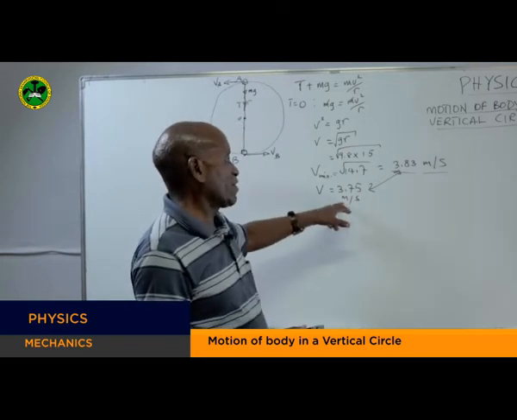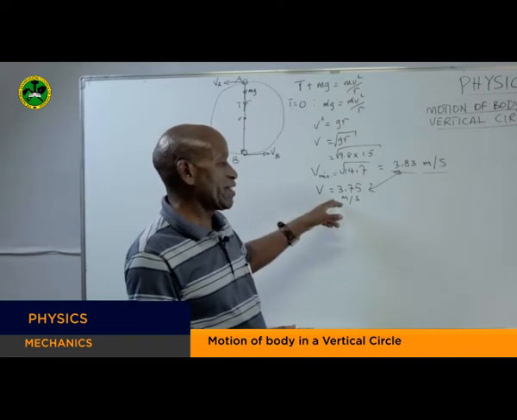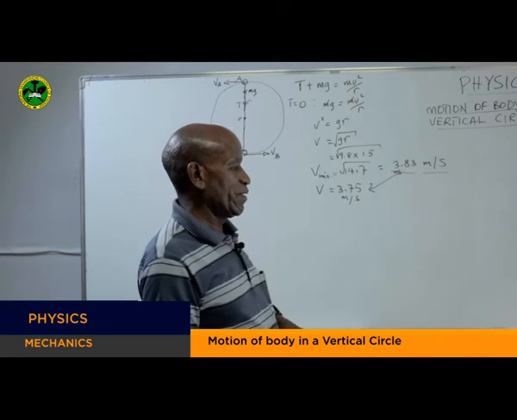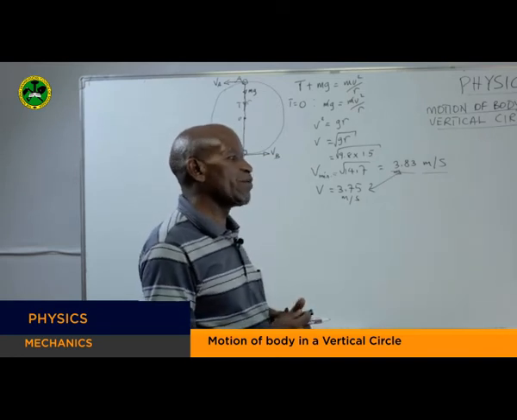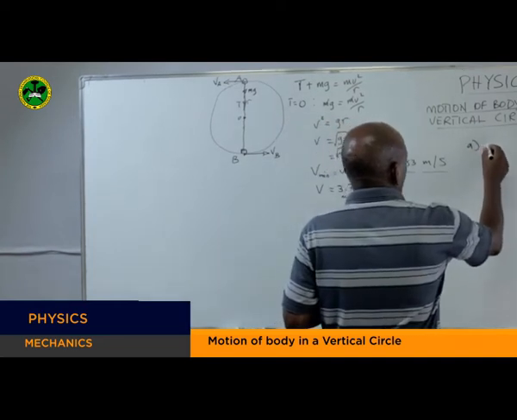This velocity is smaller than that one. So it is for sure that if the bucket is moving at the top with this velocity, the string will be slack. So for part A, the string will become slack.